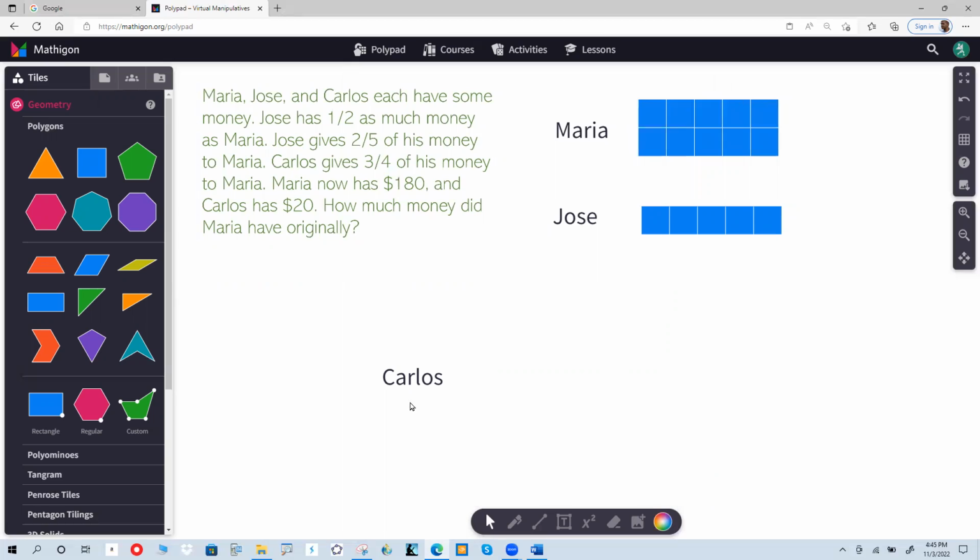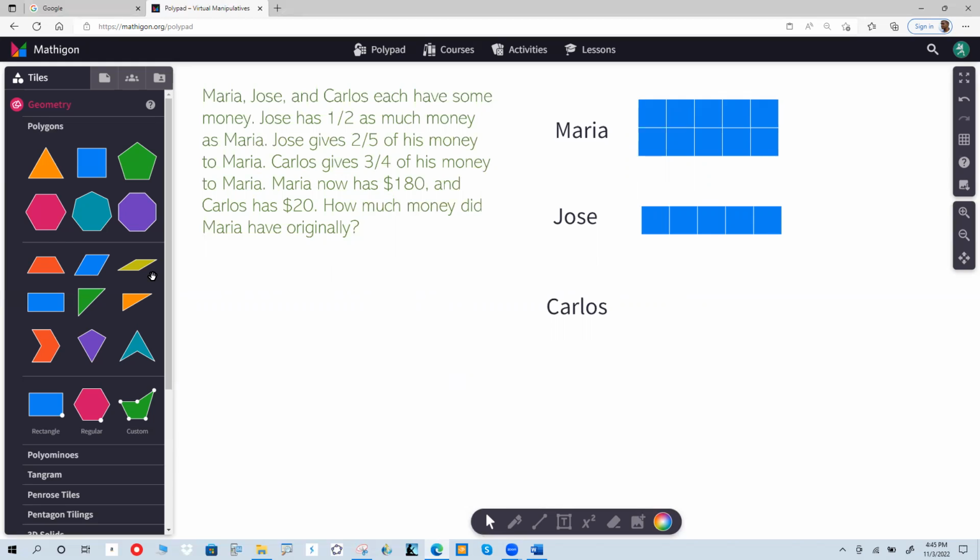Now, Carlos, we don't know a whole lot about him, but we do know that he gives 3/4 of his money away to Maria. I'm not going to use squares to represent Carlos's 4 equal parts.